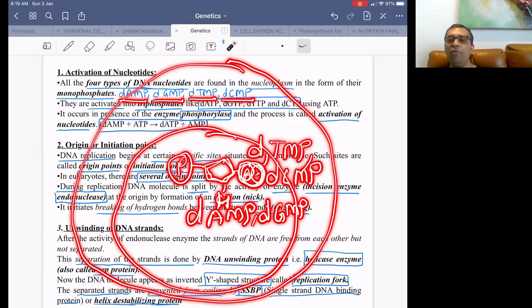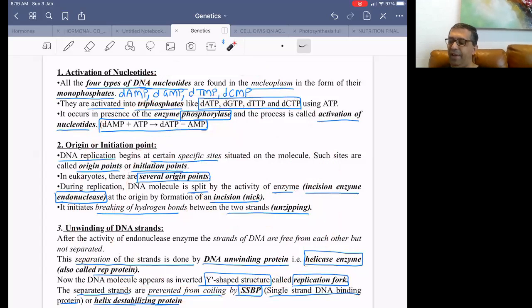And these monophosphates are converted into triphosphates. They are activated into triphosphates like dATP, dGTP, dTTP, and dCTP using ATP in the presence of an enzyme called phosphorylase.